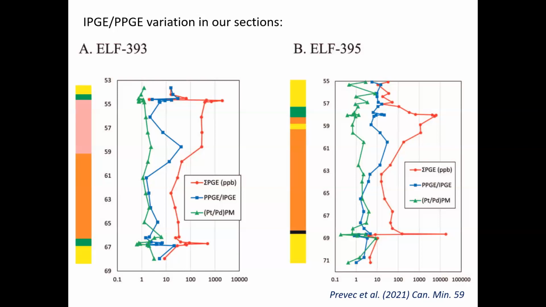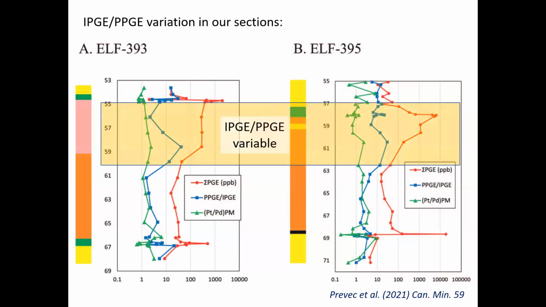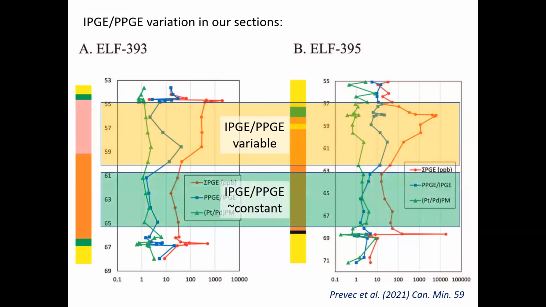The platinum palladium ratio is not doing anything too dramatic, but we see zones where the ratio of the IPGE to PPGE is quite variable. In general, they're decreasing from the enriched zone at the top downwards, and then a lower zone, in the non-pegmatoidal rocks, where it's relatively constant, slightly increasing downwards.